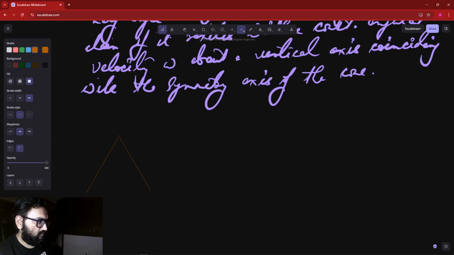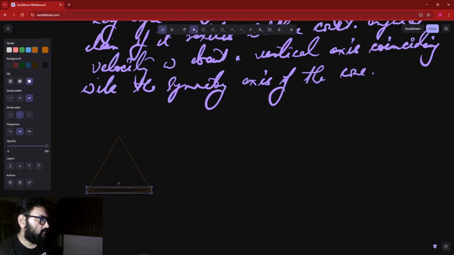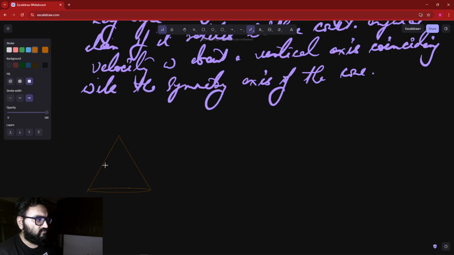Okay, and my ring is actually wound over this cone. So this is my ring which is actually wound over this cone. This part is the back side of the chain, and this is the front side.